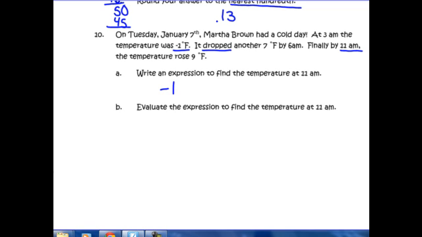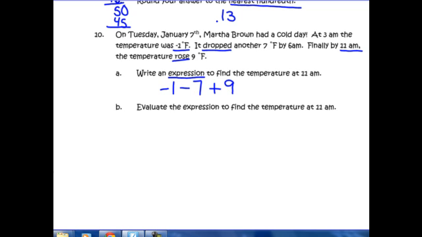It dropped, so I'm going to subtract another 7 degrees by 6 a.m. Finally, by 11 a.m., the temperature rose, so I'm going to add 9 degrees onto that. Write an expression, again, the word expression, so we're not going to put an equal sign on there because it's just an expression.